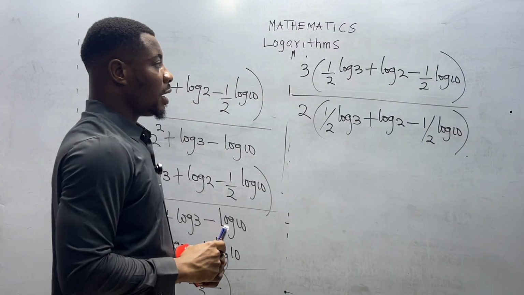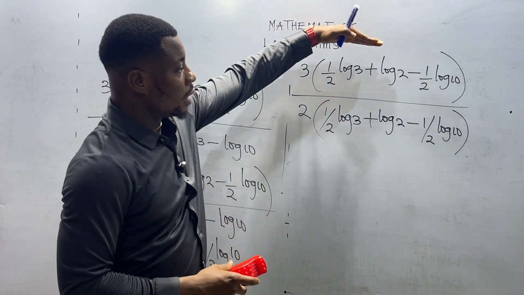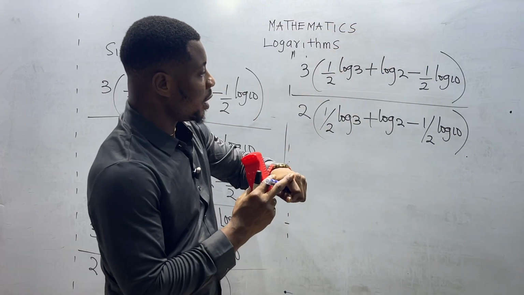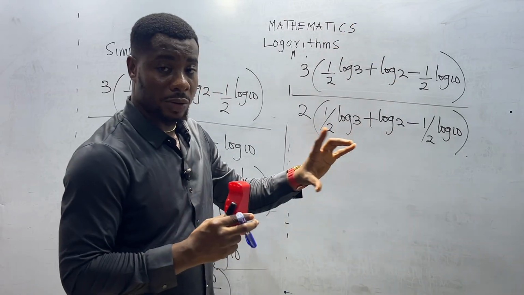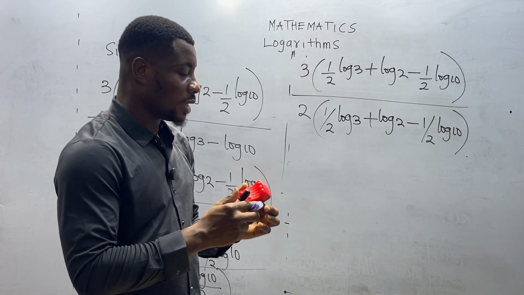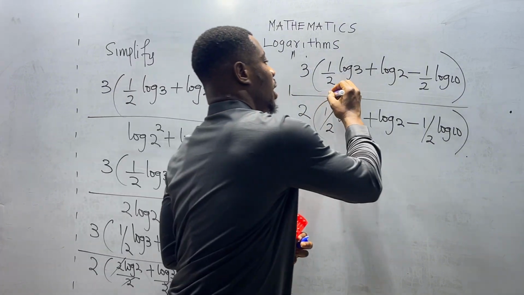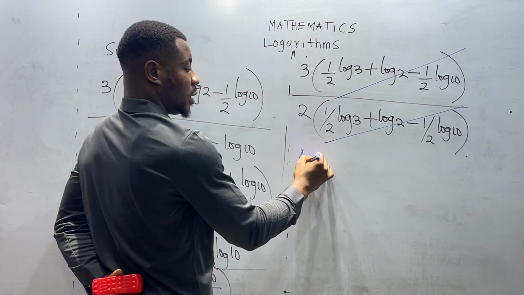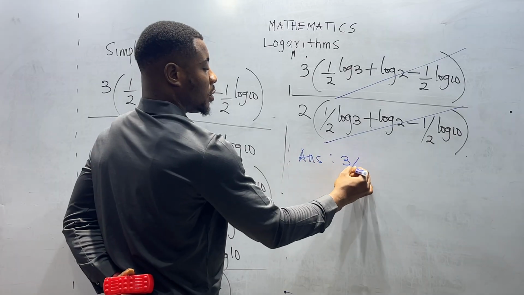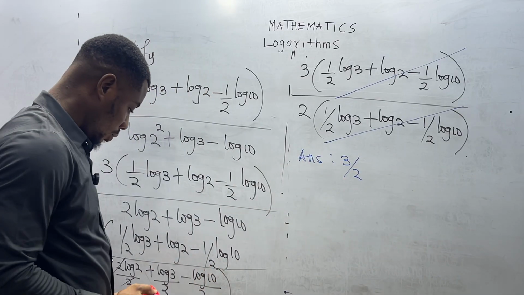Now this is our main goal. We have been able to make the term at the numerator the same as the term at the denominator, so we can strike them out. When these two go out, our answer is 3 over 2.